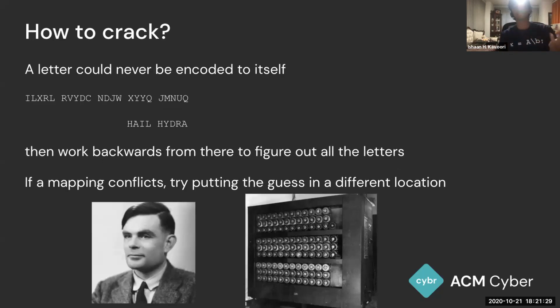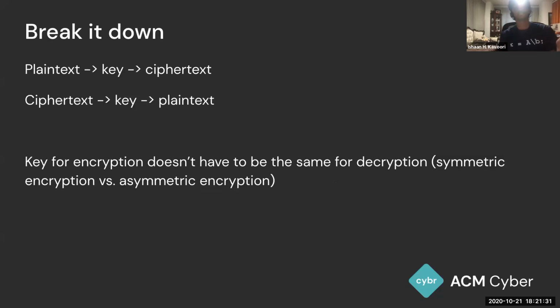And the key in our Enigma machine example was the rotor settings on the Enigma machine. If you input a message with a certain rotor setting and got out the ciphertext, you could then get the plain text back out by putting the ciphertext through the Enigma machine with the same key.